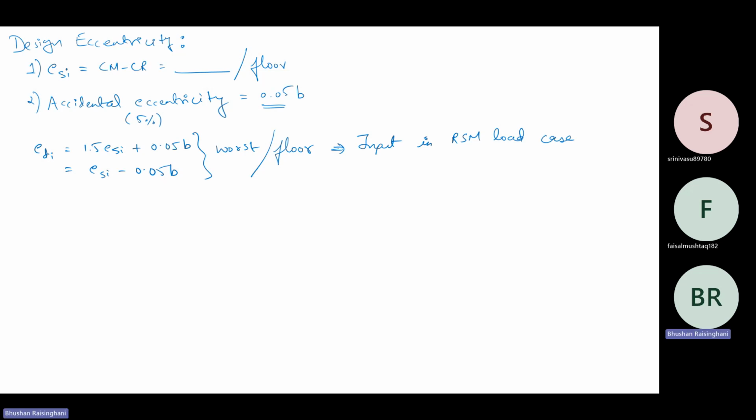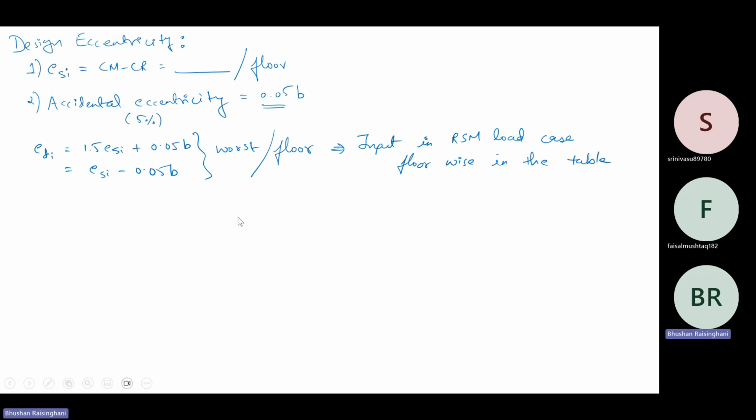In the response spectrum method load case, you have to input these values floor wise in the table. So this is for the response spectrum load case. The same you have to do for the static load case also. That we will also see in the software.